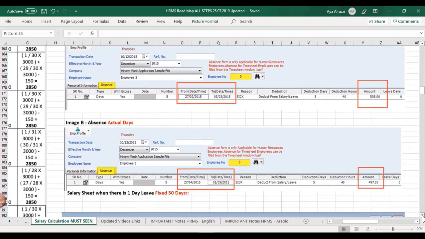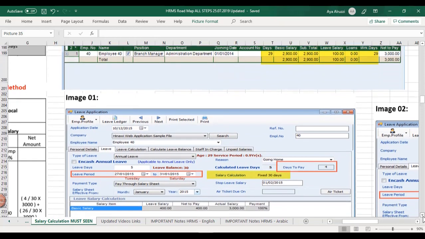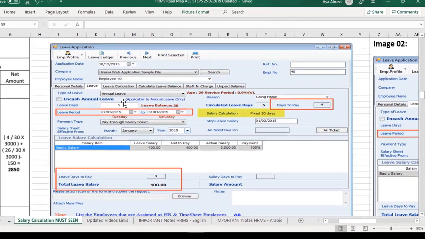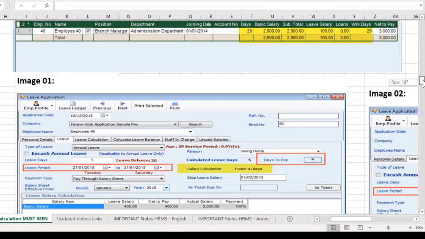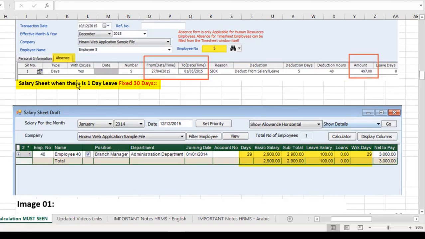Let's go a little bit further down here. This is image number 1. As you can see, in the salary sheet, when there is 1 day of leave for fixed 30 days, there were 29 days available as working days.